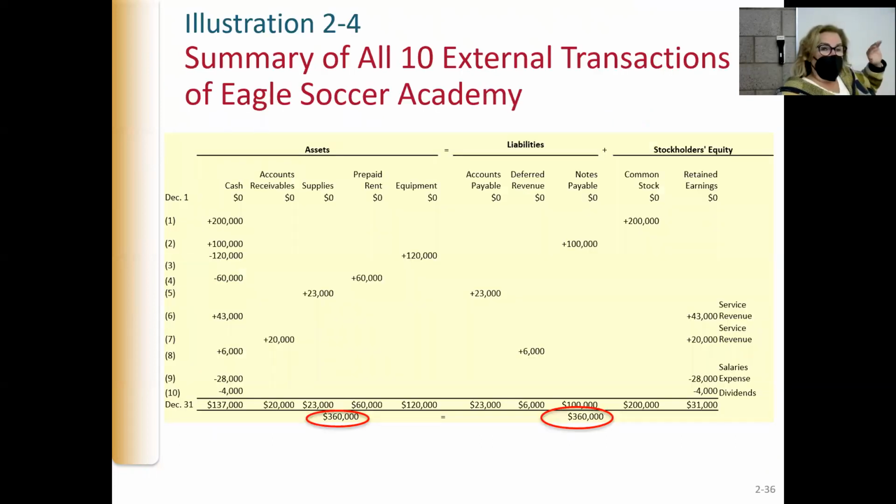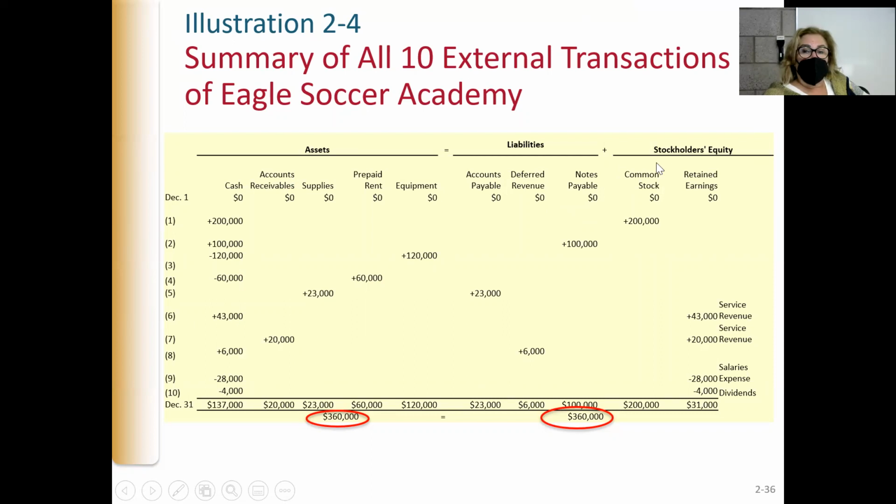Now, we have provided 10 different transactions. These are the assets: cash, accounts receivable, supplies, prepaid rent, and equipment. Our liabilities: accounts payable, deferred revenue, and notes payable.